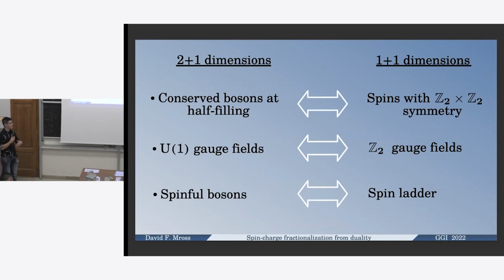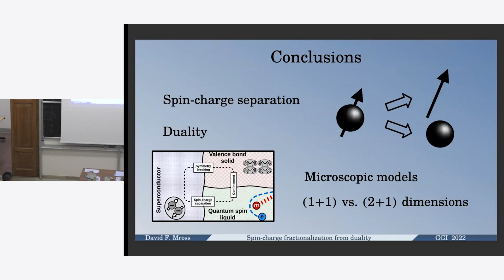In a specific case, having two bosons amounts to two copies of these one-dimensional Z2 spin models. So it's kind of like a spin ladder model. In these spin ladder models, you should expect to find analogs of many of these phases and deconfined phase transitions, which you would get in 2+1 dimensions using this spin charge decoupling.